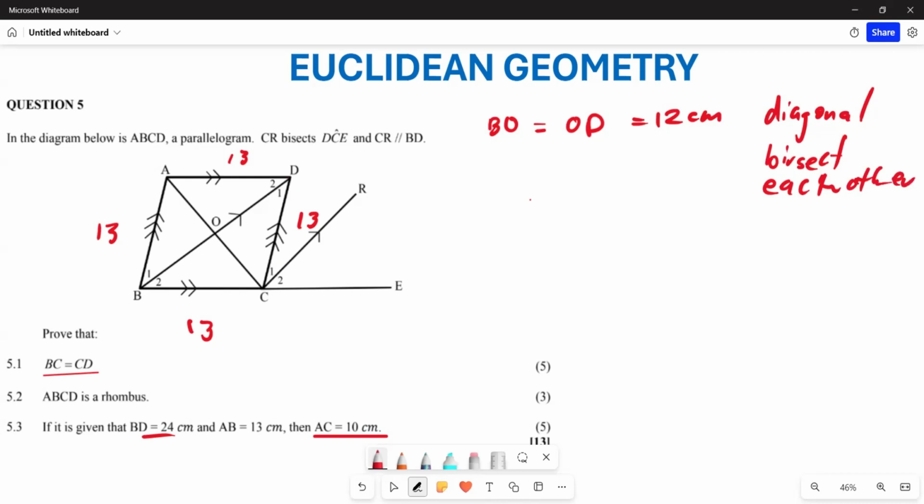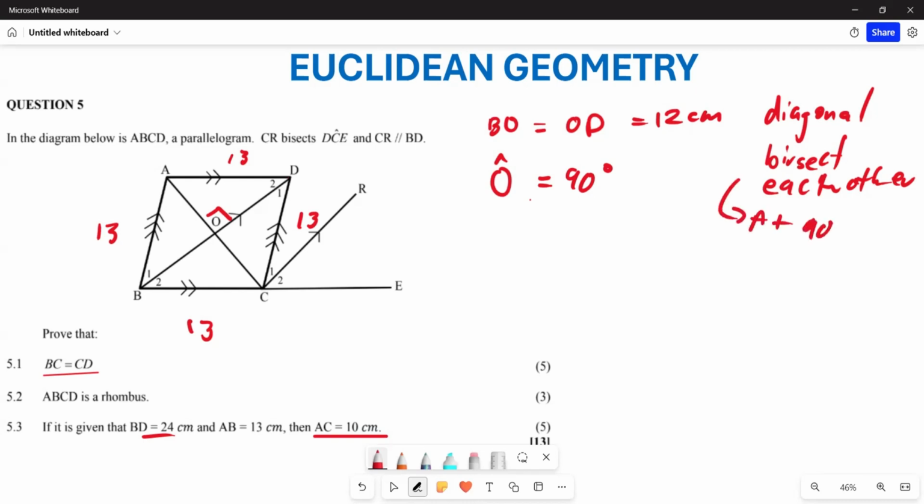Now, secondly, what else are you going to do from here? Note that this angle O, remember that the diagonals of your rhombus meet at 90 degrees, right? So your angle O is going to be equal to 90 degrees, because diagonals bisect each other at 90 degrees.